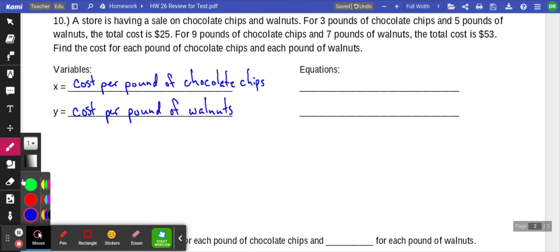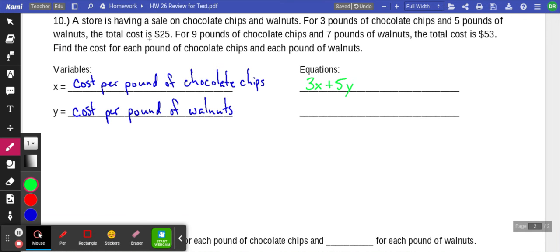And remember, just take one sentence at a time. Our first sentence here that references some value says 3 pounds of chocolate chips. I know that chocolate chips I'm representing with x, so 3 pounds of chocolate chips gives us 3x. And 5 pounds of walnuts, I'm using y for the cost per pound of walnuts, so we have plus 5y.